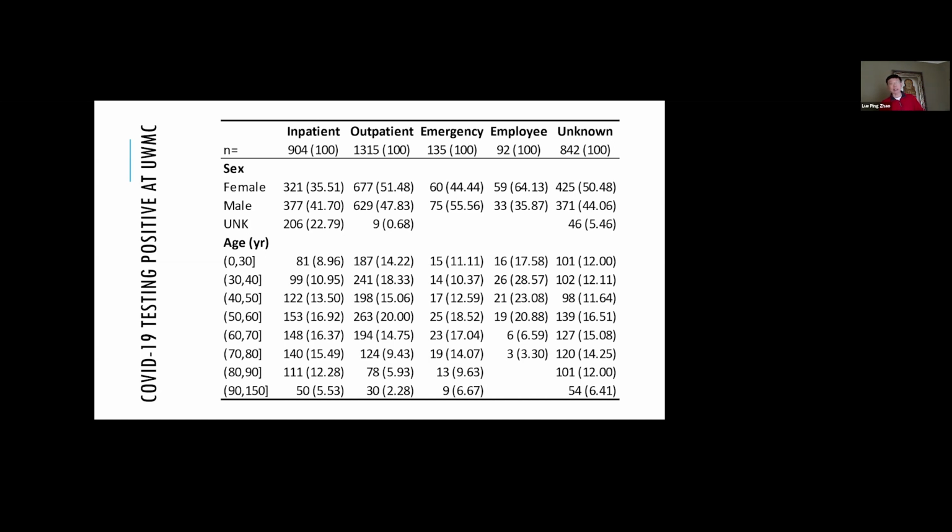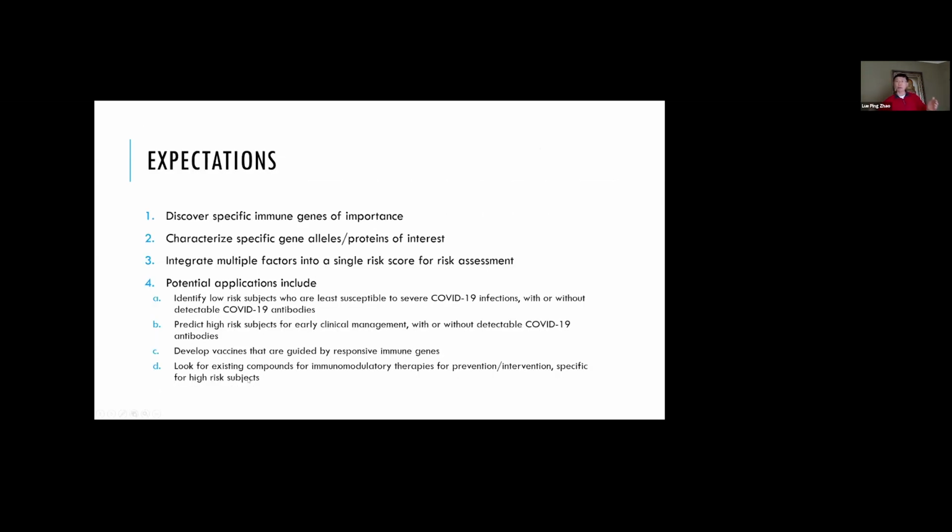We're hoping to generate a sufficient amount of preliminary data to show this. This is a very different type of test from the serology or antibody test. This is a genetic test, essentially to identify individuals at the genetic level who are at high risk for severe clinical symptoms.